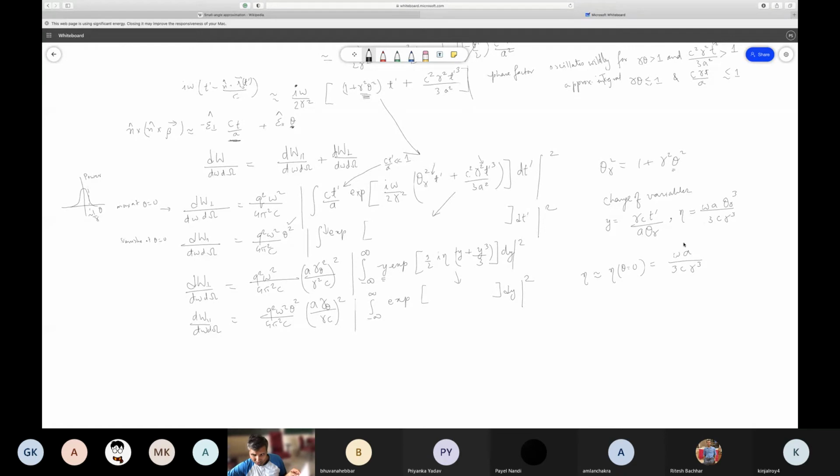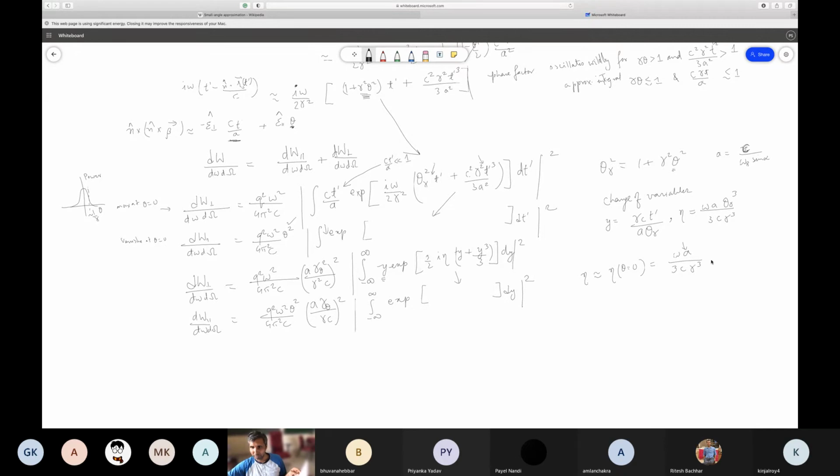If you recall, this radius of curvature a was equal to v by omega b sine alpha. We can take v to be c.